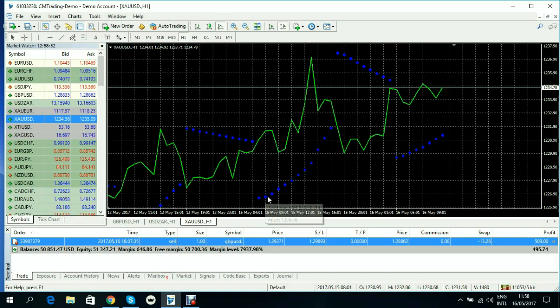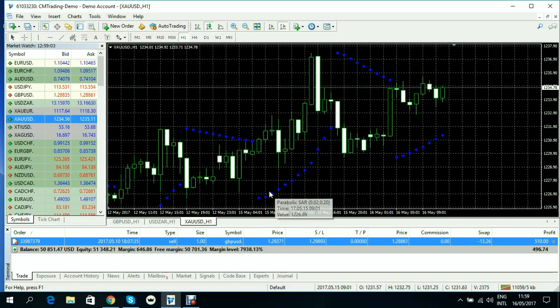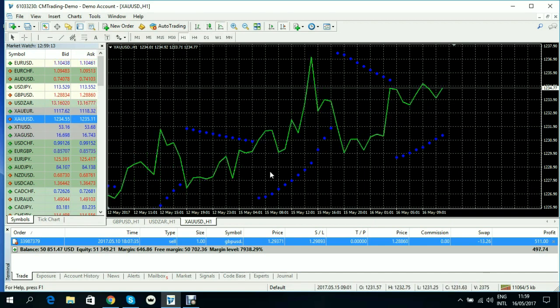When they appear below this price trend, the price line, or when they appear below the candlesticks, then it is a buy signal. Then it indicates a buy signal.